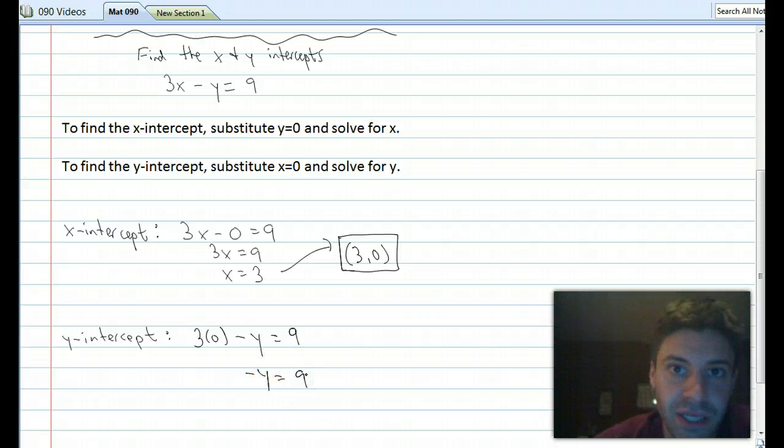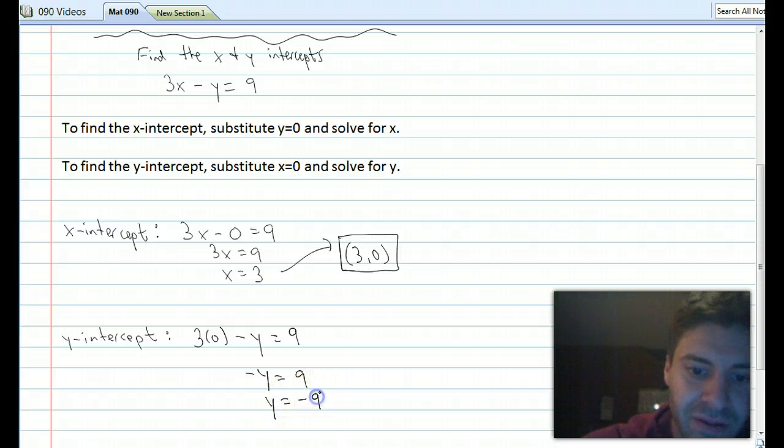We can divide by negative 1, and that's going to give us y equals negative 9. So what is our y-intercept? Well, our y value is negative 9, and our x value of any y-intercept is always going to be 0. So our y-intercept is going to be (0, -9).